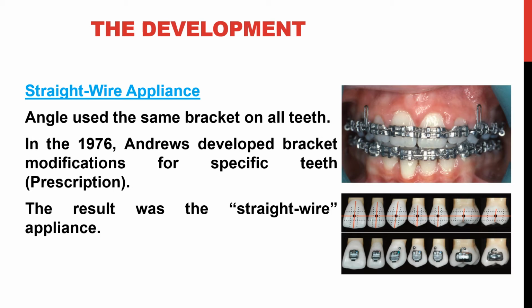Now we have a specific bracket for each tooth. So we have a bracket for the right central and a bracket for the left central, which cannot be interchanged. And the same is for all other teeth. And the result was the straight wire appliance.